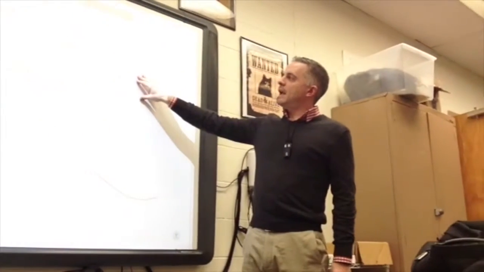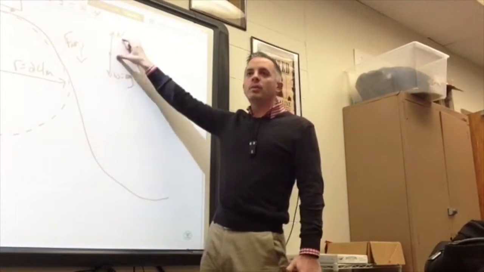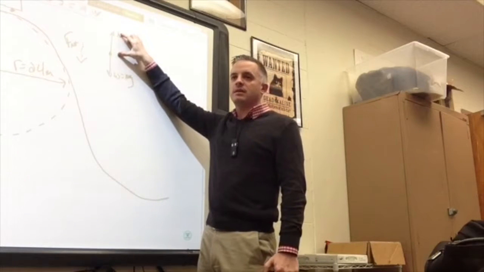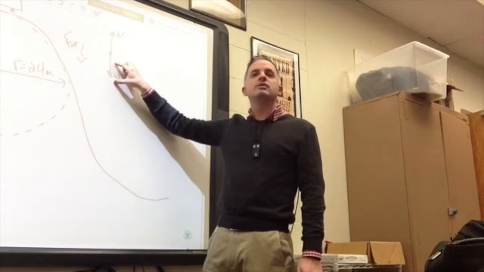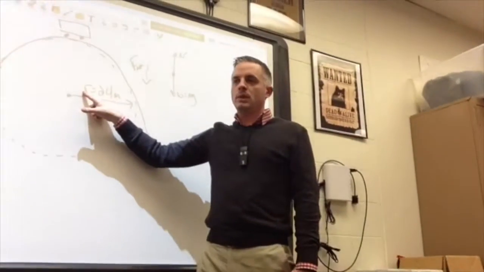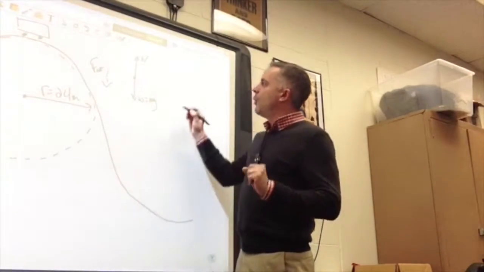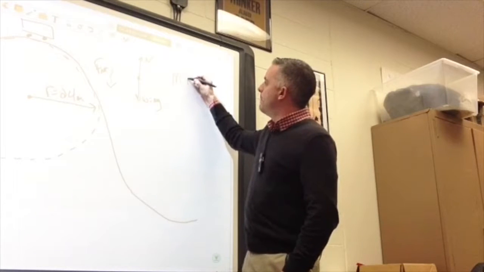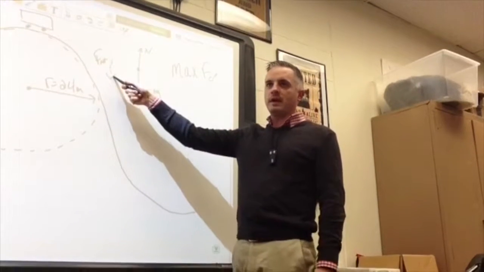So if this doesn't change, the normal force has to decrease in order for the weight to create that centripetal force that pulls you towards the center. So what would be the maximum case? When would we have maximum centripetal force, which is the net force then?